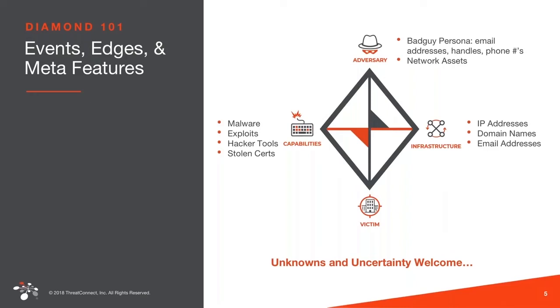And so these consist of, but are not limited to, IP addresses, domain names, email addresses, etc. And then finally, the victim. And this can be characterized similar to the adversary by their personas themselves, the network assets that are targeted, or email addresses that are targeted.